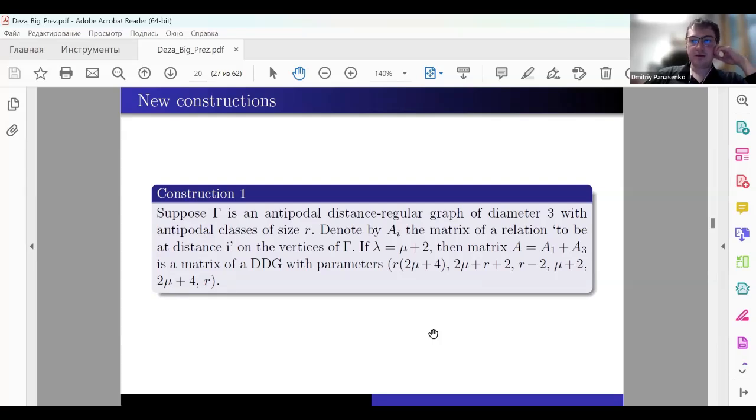And if for this graph lambda equals mu plus 2, then we can take vertices with distance 1 and vertices with distance 3, and make a new graph using this relation. And it actually turns out to be a divisible design graph with parameters you can see here on the screen.